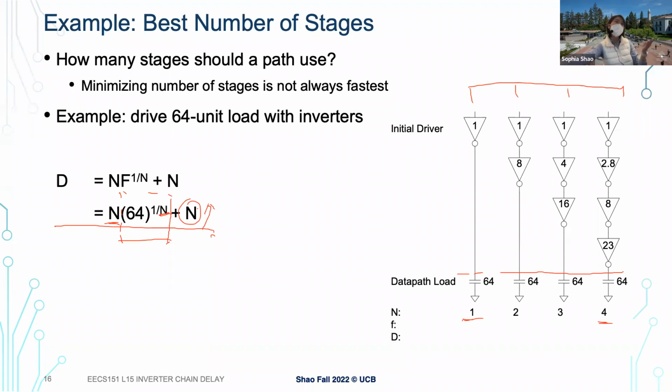So there is a trade-off: by having more stages, the delay of each individual stage is smaller, but you do need to multiply again by the number of stages. Or if you have a fewer number of stages, this n is smaller, but the fan out for each stage is also bigger. So there is an interesting trade-off here when we think about the number of stages versus the fan out of each individual stage.